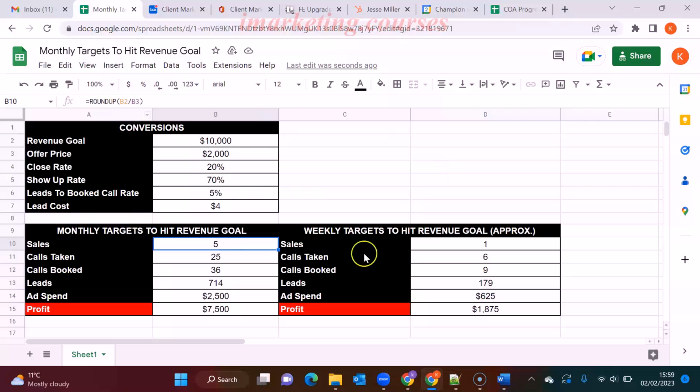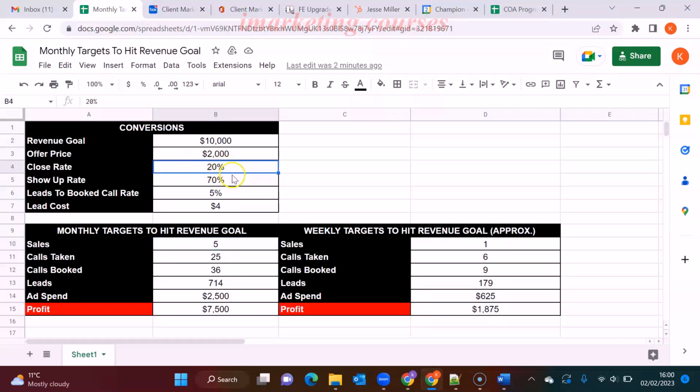Now that we have an understanding of what these numbers are and what it is, let's actually relate it back into the example, okay? So again, for most of you, you're looking for your 10K month, okay? And if you had a 2K price point, then you would need 5 sales. However, not everyone that you actually talk to, who you have a sales call with, will you close.